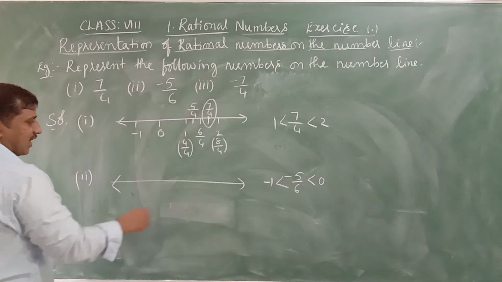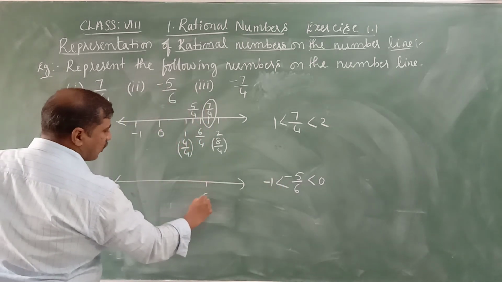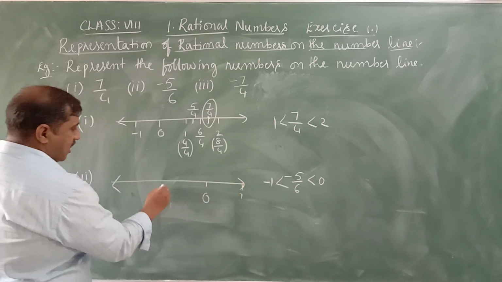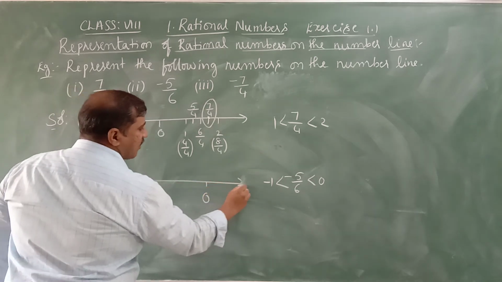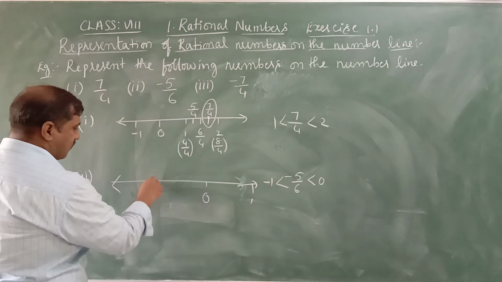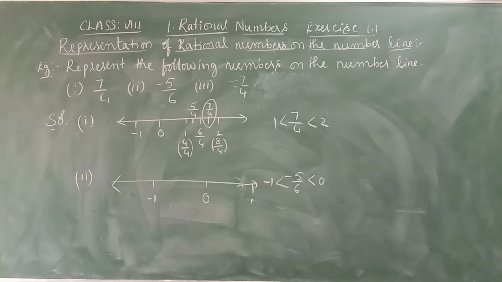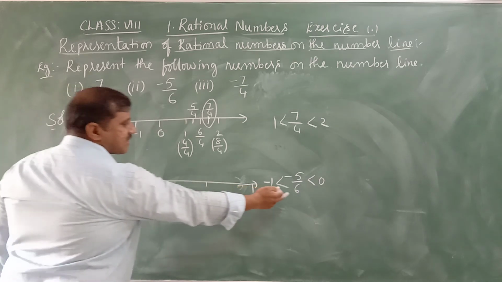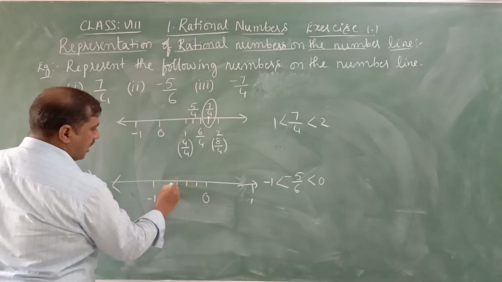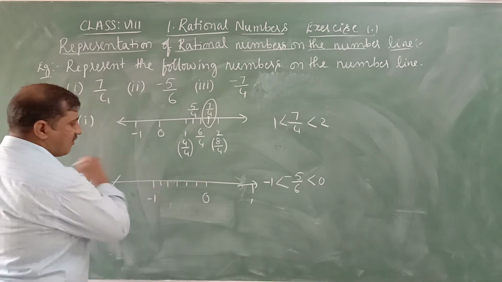Now you take the negative integers: let this be 0 and this 1, and extend this one till here, you take this as 1 and this is minus 1. Now we have to divide this space into 6 equal parts as the denominator is 6: 1, 2, 3, 4, 5 and 6.